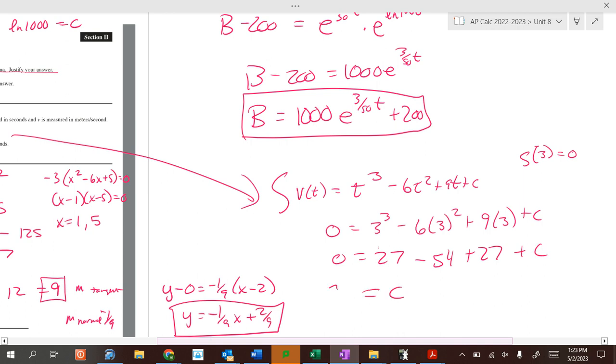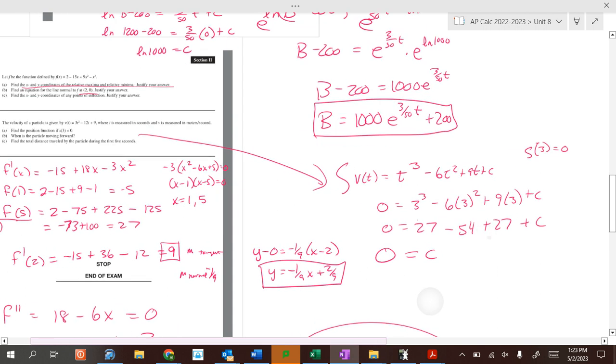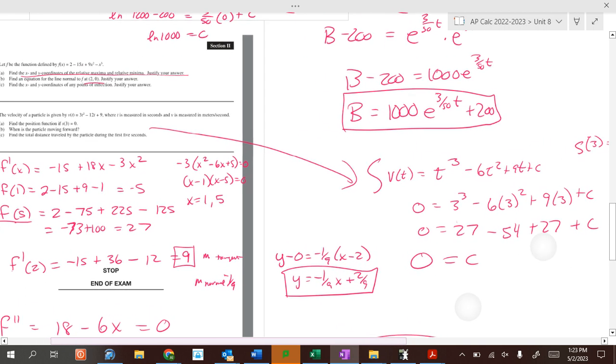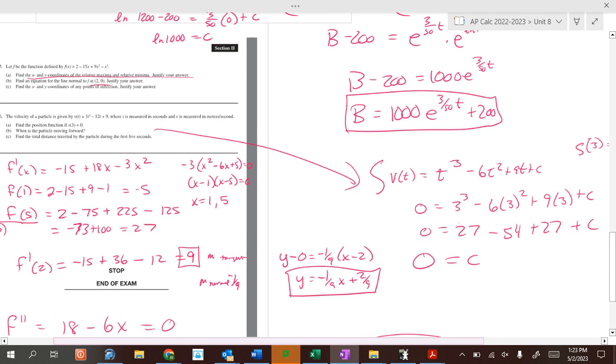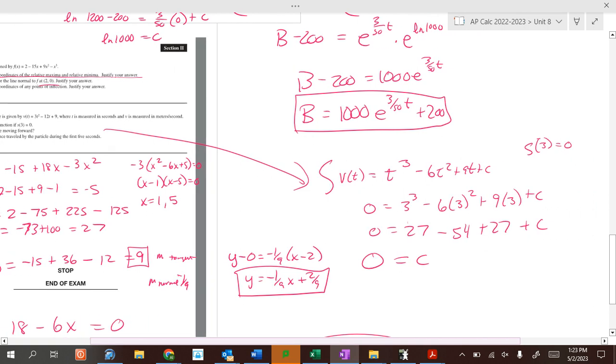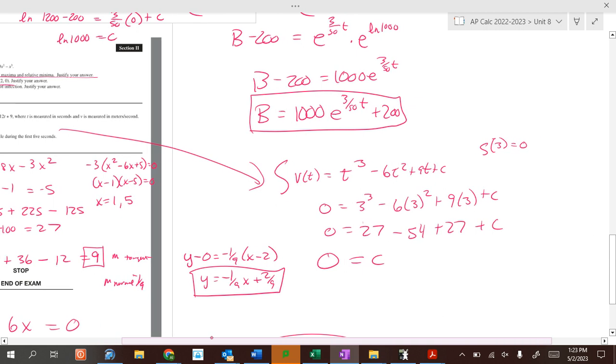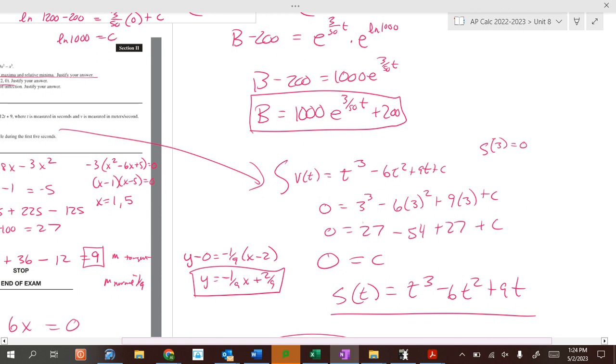So c equals 0. So the position function is s of t equals t cubed minus 6t squared plus 9t plus 0, or just that.